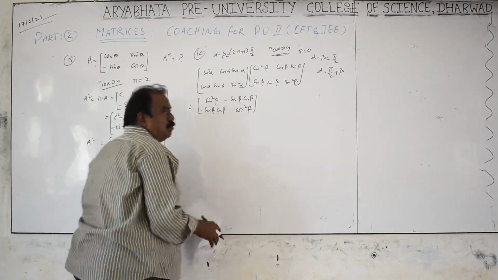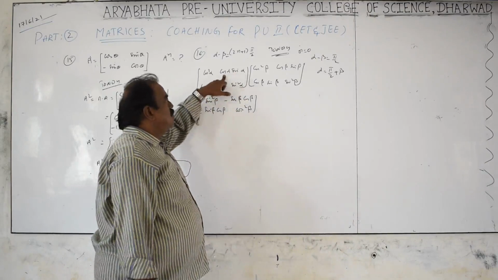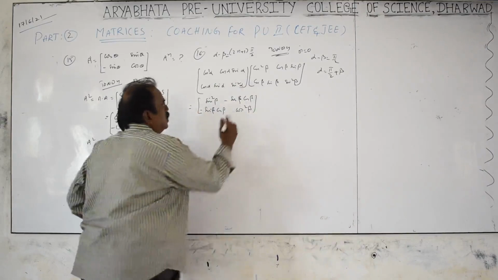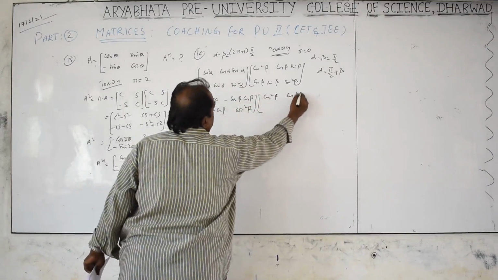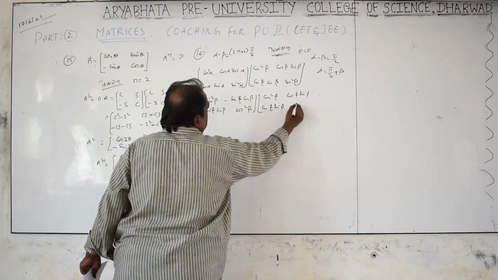Because sin of 90 plus beta is cos beta, but cos of 90 plus beta is minus sin beta. The second matrix is as it is: cos square beta, cos beta sin beta, cos beta sin beta, sin square beta.